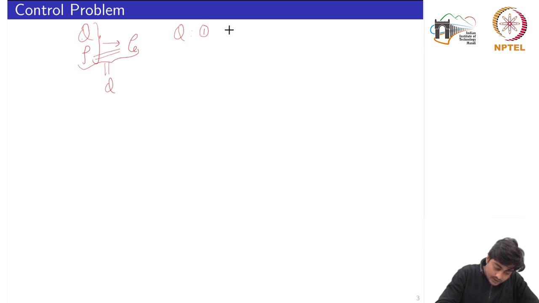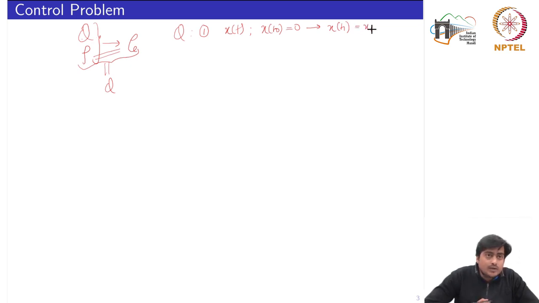The first control objective is that we want to steer the trajectory x of t from x of t naught, which is the origin, to x of t1, let's say x1. This concept we have studied in the reachability analysis, whether the system is reachable and what the reachable subspaces are.